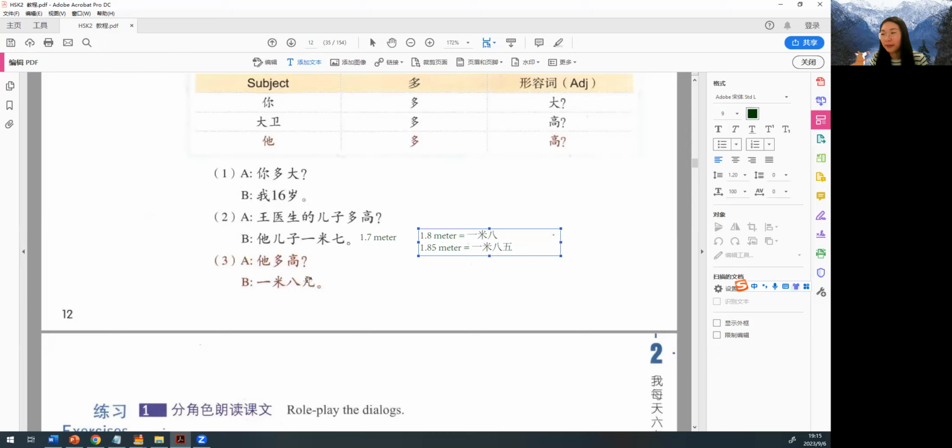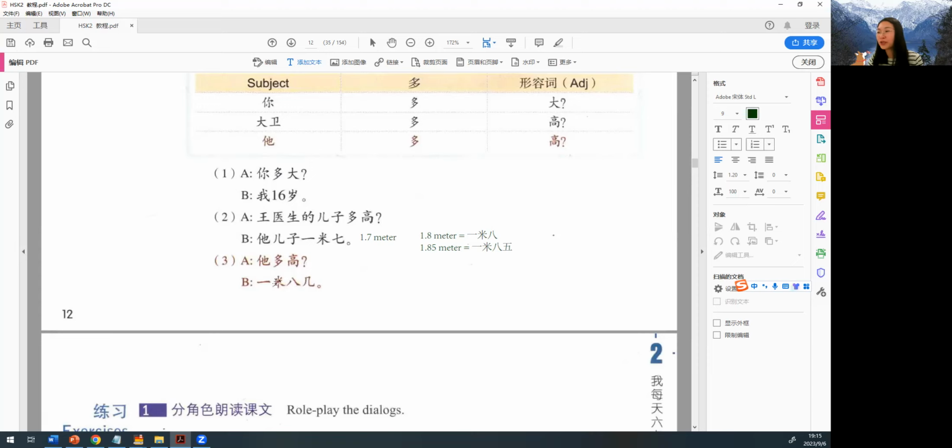By using the 几 following a limitation in front of it, we will know that this number will locate in between.